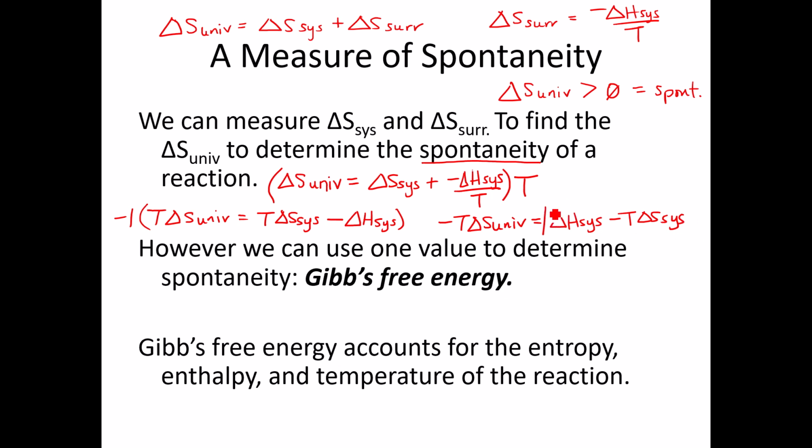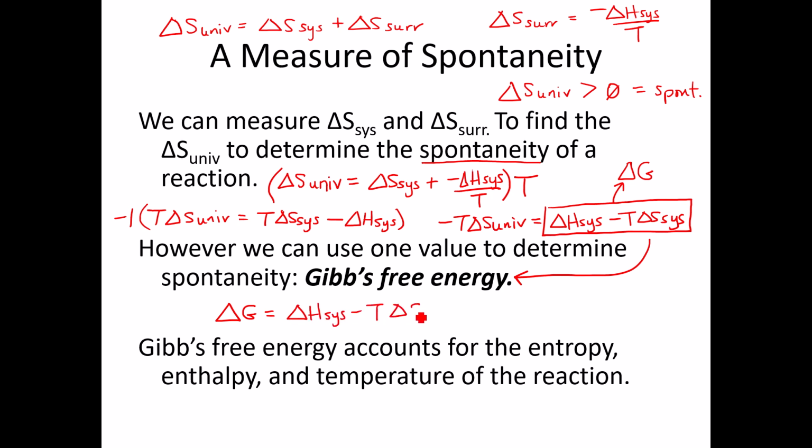This part right here is called delta G, or the Gibbs free energy. Alright, so I'm going to rewrite it. Delta G for a reaction is equal to delta H of the system minus T times delta S of the system. And this one equation can determine spontaneity.